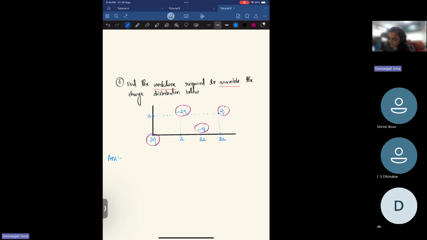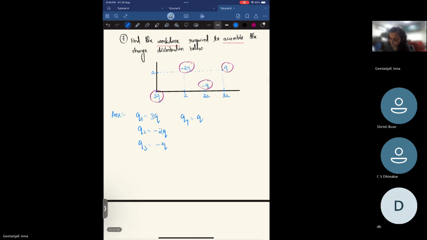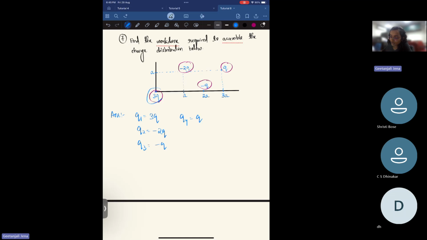Let us take Q1 is 3Q, Q2 is minus 2Q, Q3 is minus Q, Q4 is Q. If you start with Q1, when you bring the charge 3Q, there was no electrostatic field already present in the system. So there will be no work done; the work that needs to be done is 0.